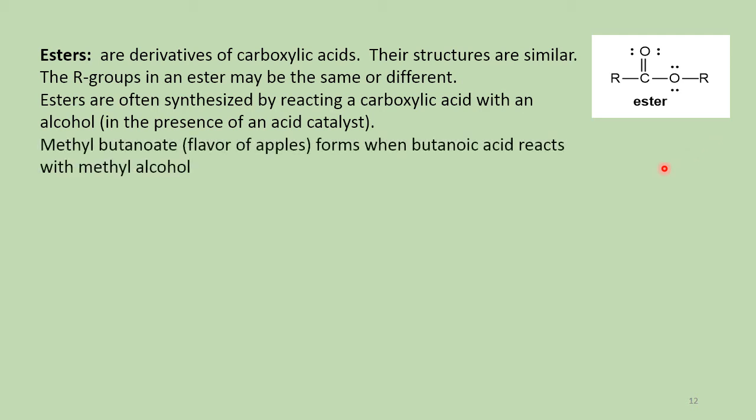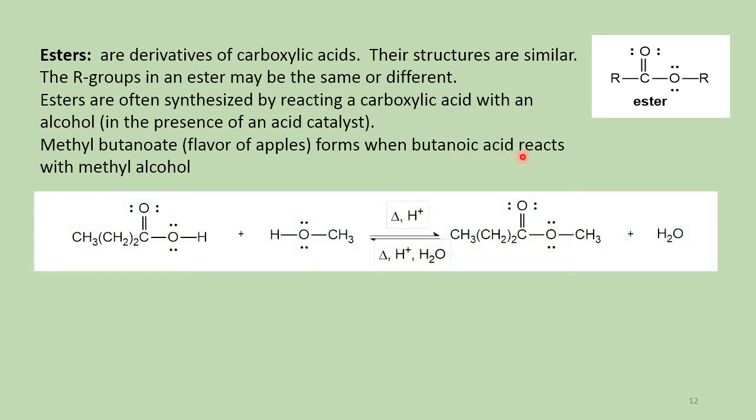Here's an example. Methyl butanoate, the flavor of apples, forms when butanoic acid reacts with methyl alcohol. Here's the reaction. CH3, CH2 taken twice, carbonyl OH, that's butanoic acid, reacting with methanol in the presence of acid, and a hydrogen ion catalyst will condense out water.